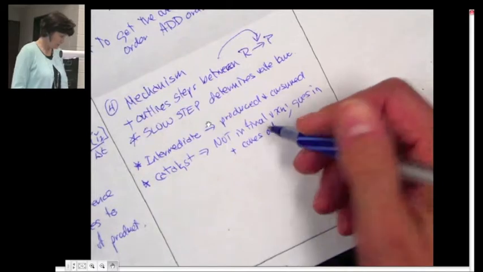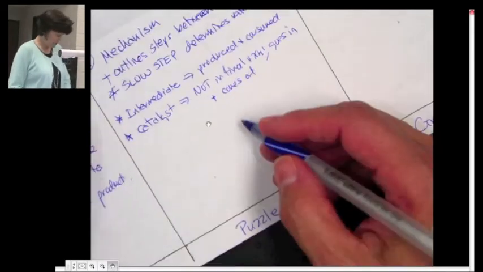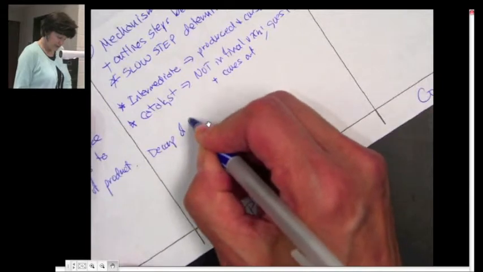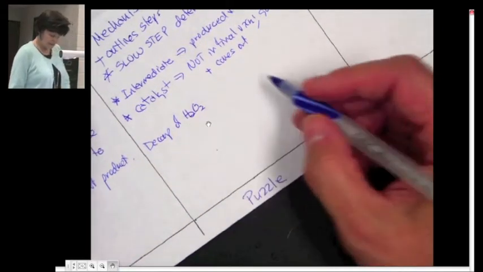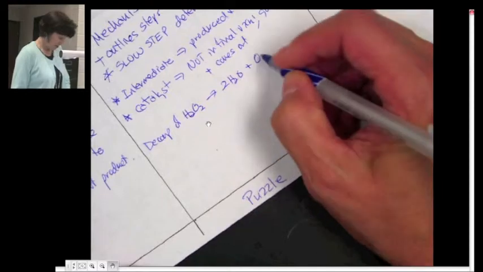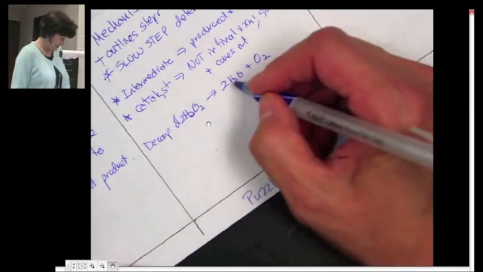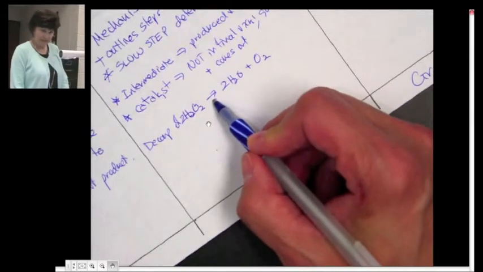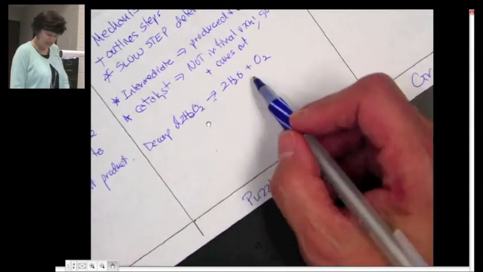All right. So if we look at an example of the decomposition of hydrogen peroxide, the reaction proceeds like this. If we were to just write a formula equation for it, we would balance it like this. But we know that there's actually more happening at this yield sign than indicates for just the reaction.